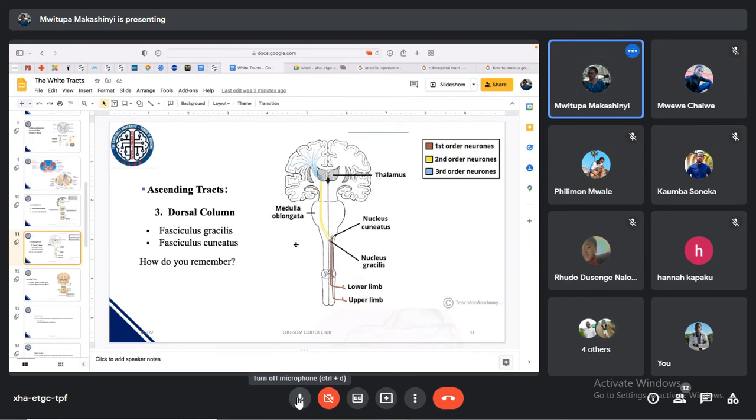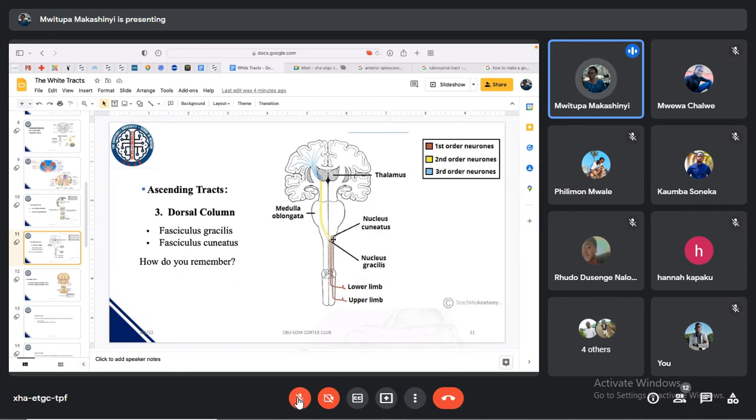Okay, hold on, let me get the diagram. Here. Yes. So unless somebody has a more detailed answer, all I found was in the spinal cord.